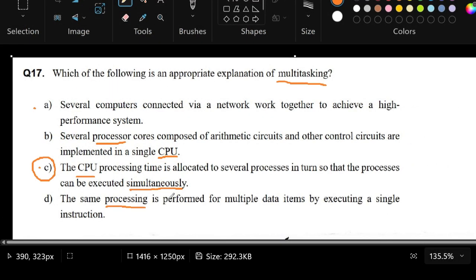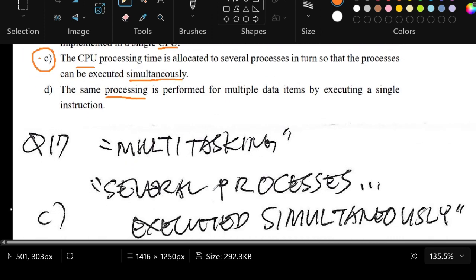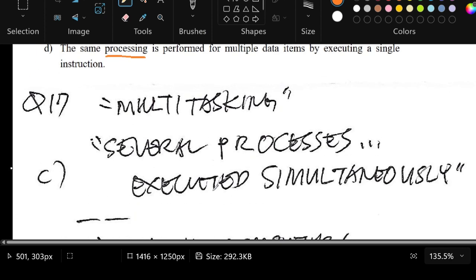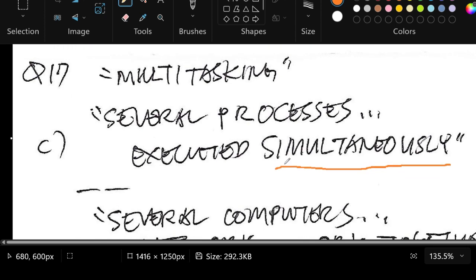Let's see what my notes are saying. So again, multitasking, and then several processes executed simultaneously. So again, this word, simultaneously.